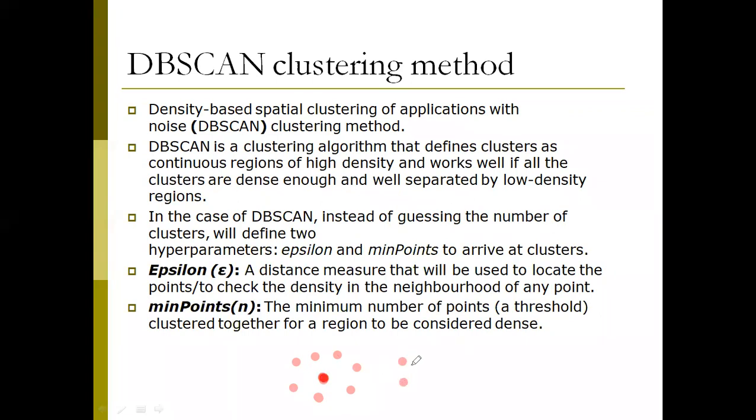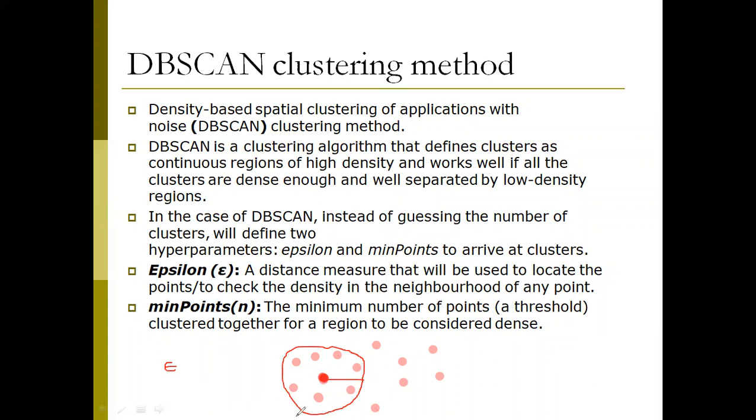After that, try to give some epsilon. By using this epsilon distance only, suppose that epsilon distance is this one, you can draw a circle like this.